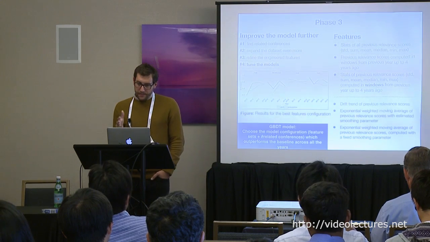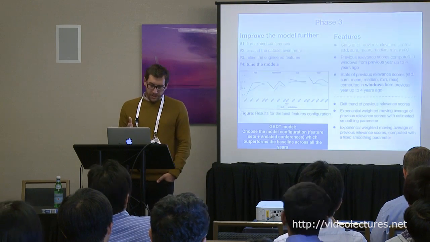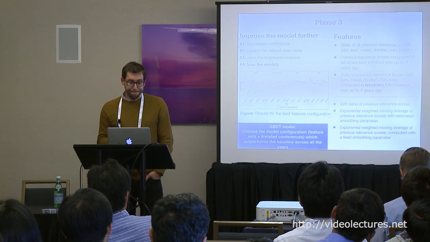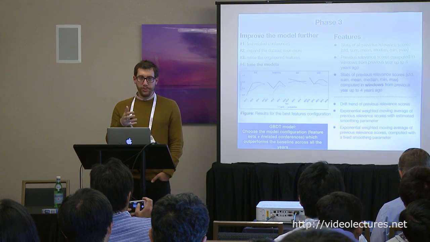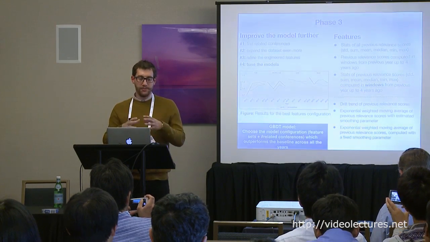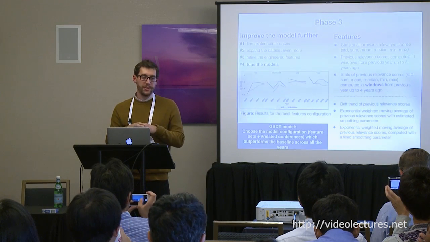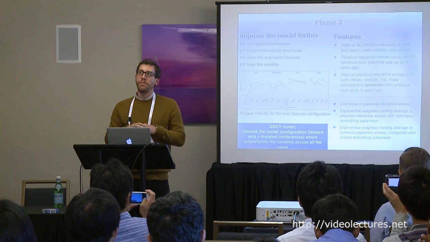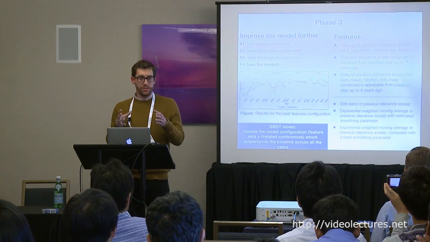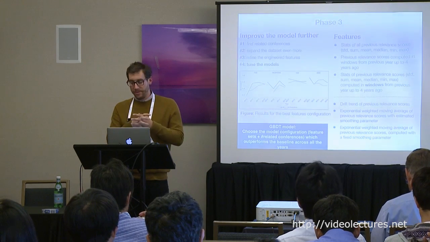And the final step in phase 3, which I believe helped us, was to tune the models in terms of which features, configurations, and how many related conferences we used to grow our data set, for each of the conferences.